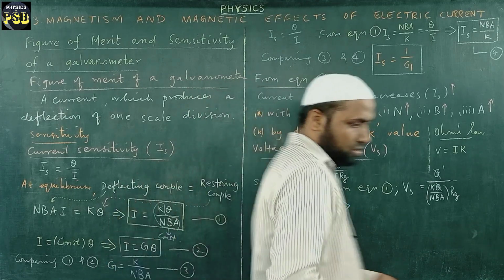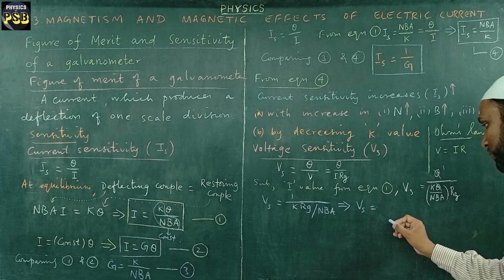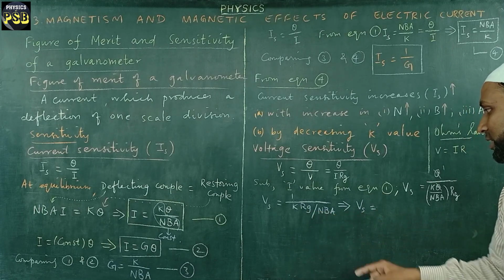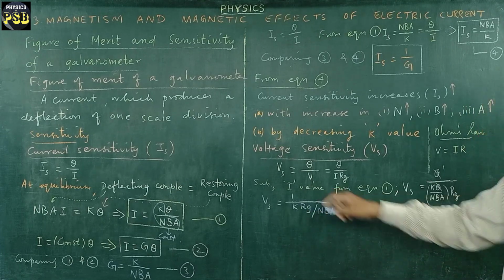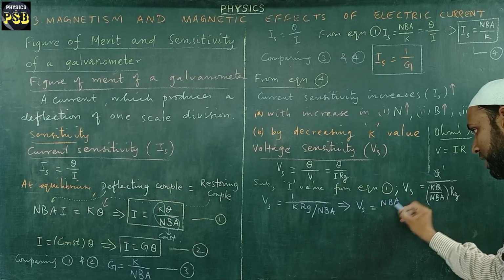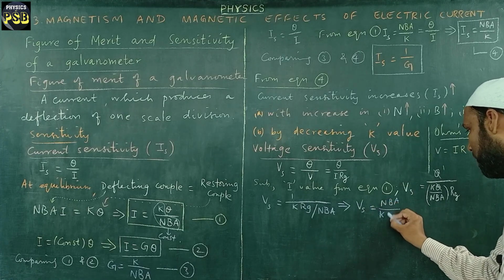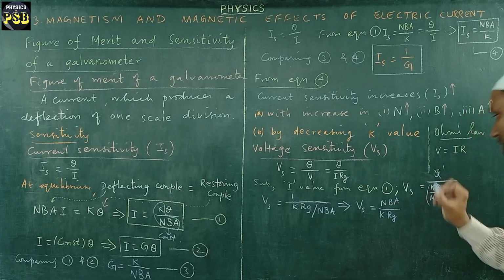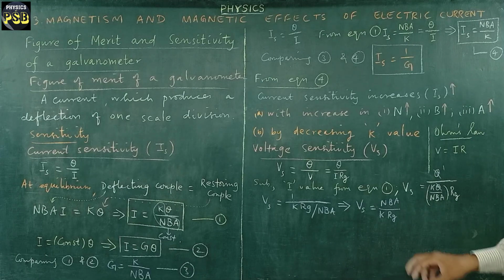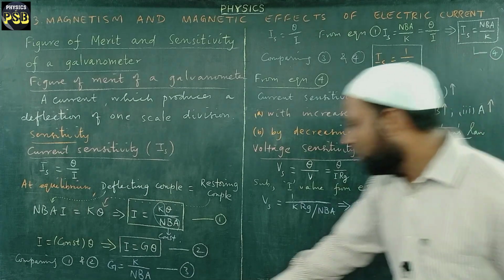So this can be done in this manner. Vs is equal to, when I take the reciprocal, when I take this to the numerator, it becomes NBA upon K Rg. So here NBA upon K is the reciprocal of G from equation number 3.